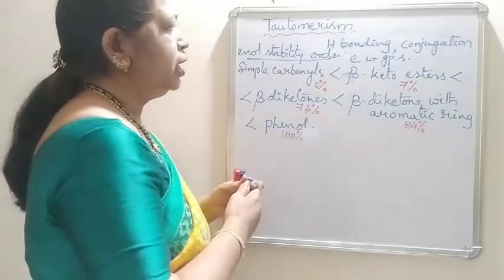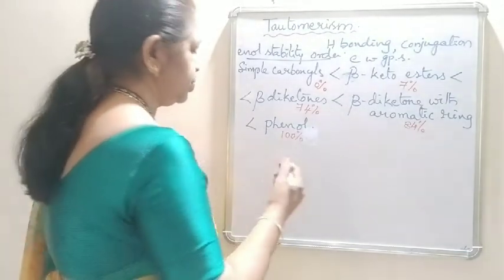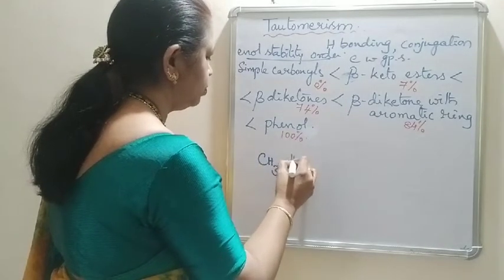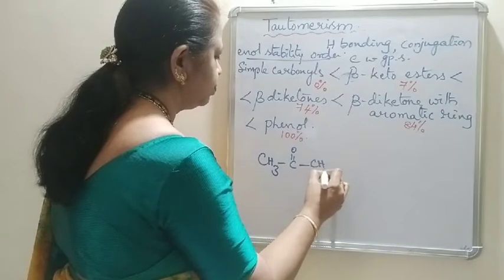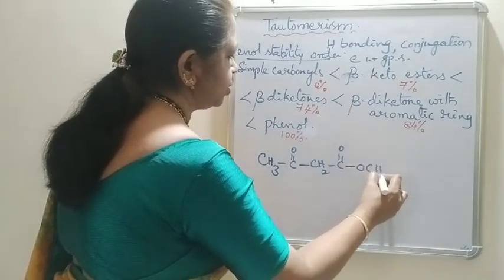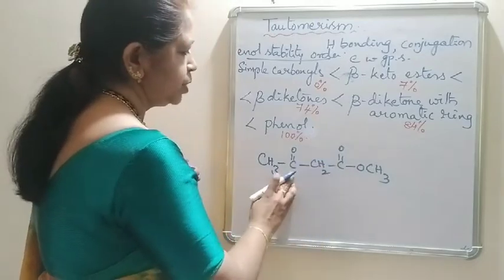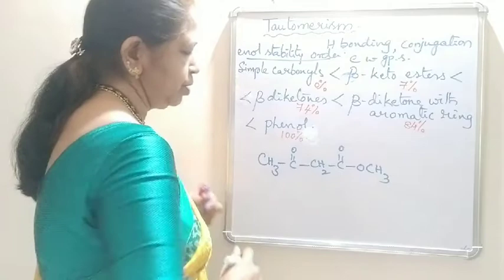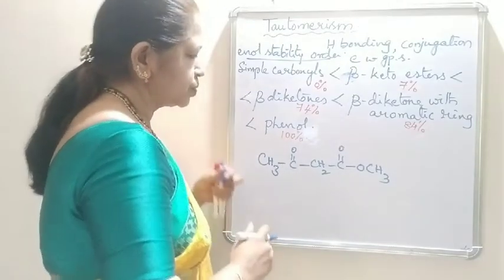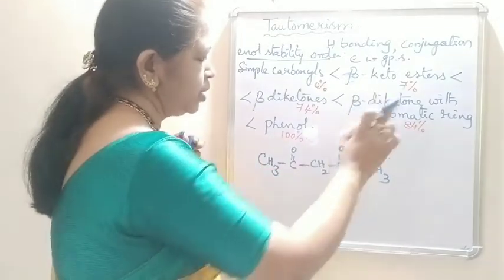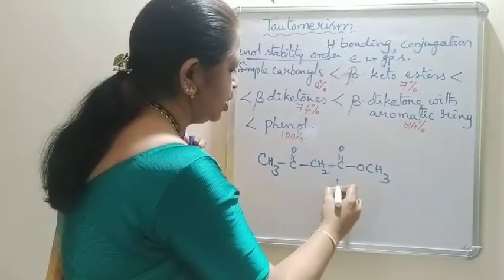Now let us see the beta keto esters. It is CH3, C double bond O, CH2, C double bond O, O, CH3. It is a beta position. This is the ester group, alpha and beta, beta keto ester. In this, I will write the enol form here.